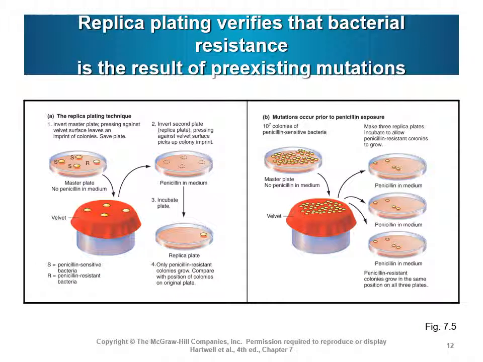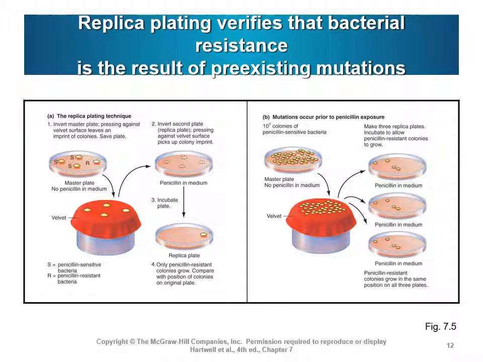They did this experiment with the replica plating technique, where they have an initial master plate that contains penicillin resistant and penicillin sensitive bacteria, and they grow it without any penicillin selection.